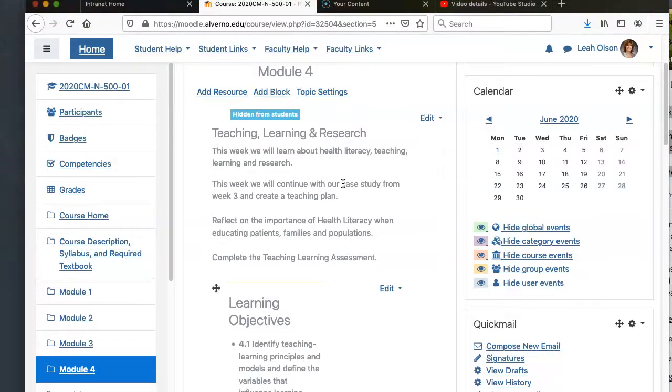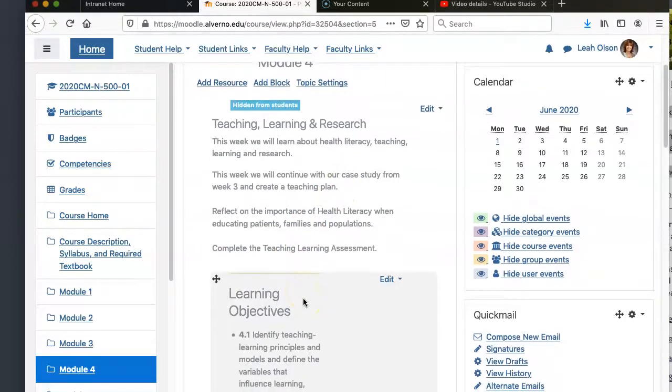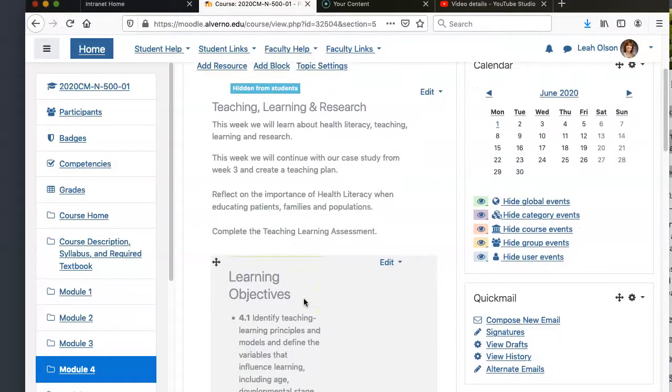More and more, we do teaching because people are going home and doing things for themselves at home, or for a loved one, or someone who takes care of them. So we teach them how to do those things. And we don't just teach them haphazardly. So you're going to learn about teaching and learning, and it's one of the major objectives of this course.